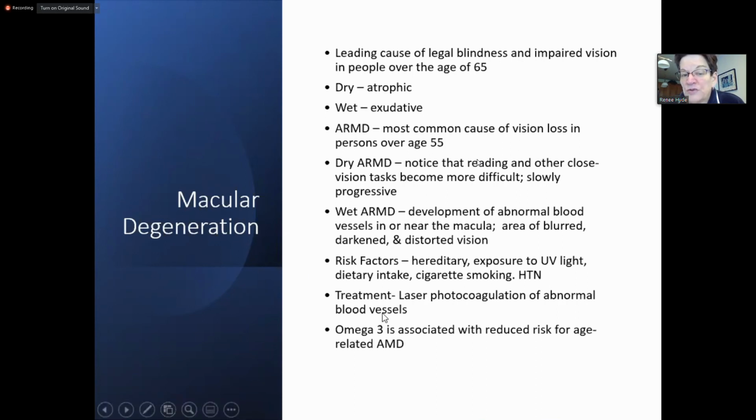For the treatment of wet AMD, we use laser photocoagulation. And one of the things that is very much in vogue right now is the use of omega-3 fatty acids to reduce the risk for age-related macular degeneration.